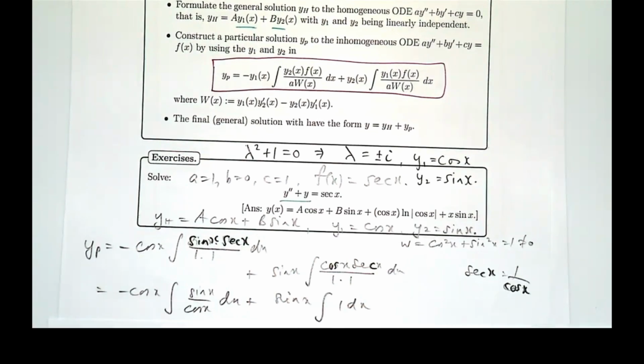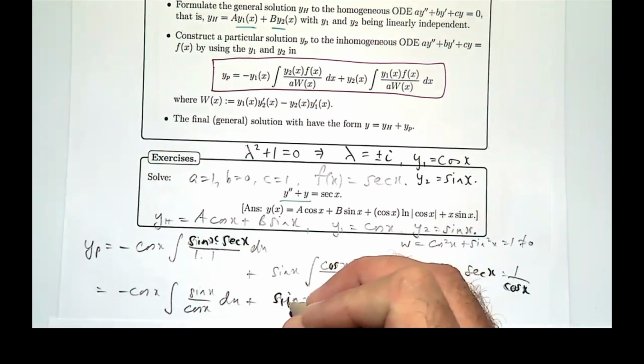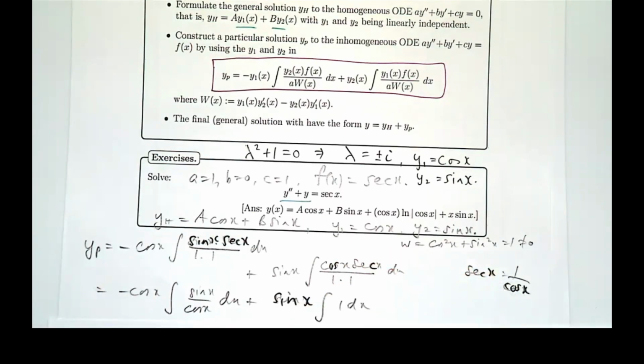All right, so now we're faced with the same thing that we had in the previous question, the logarithm of something when we do the integral. Okay? So what do we notice about the relationship from a calculus point of view between cosine and sine?